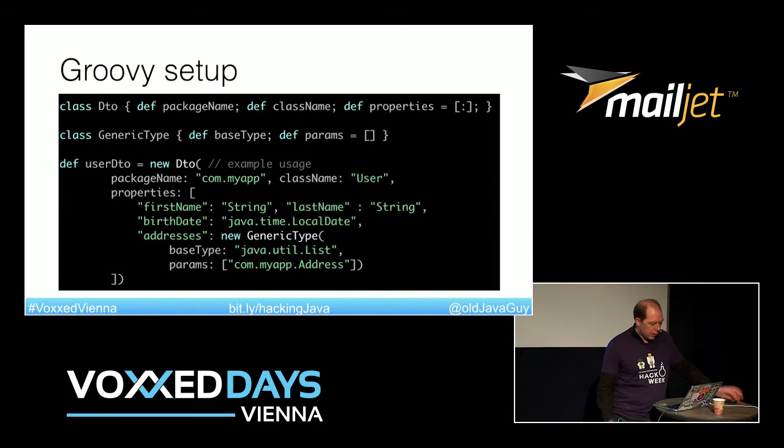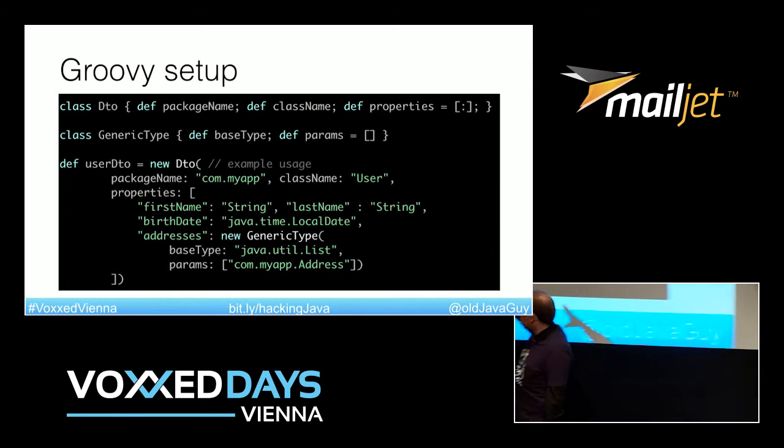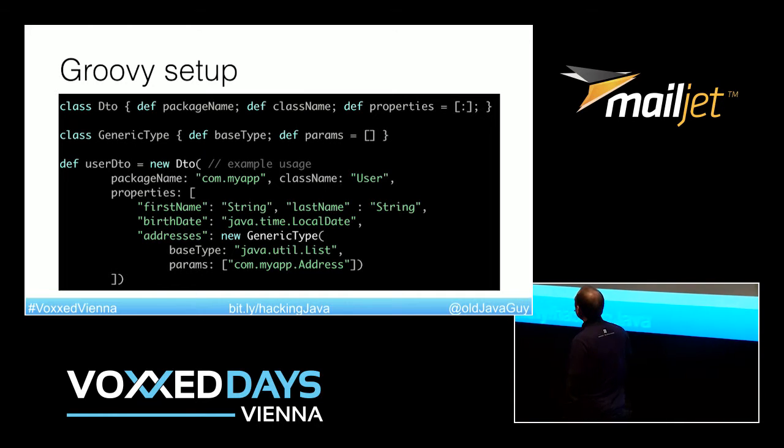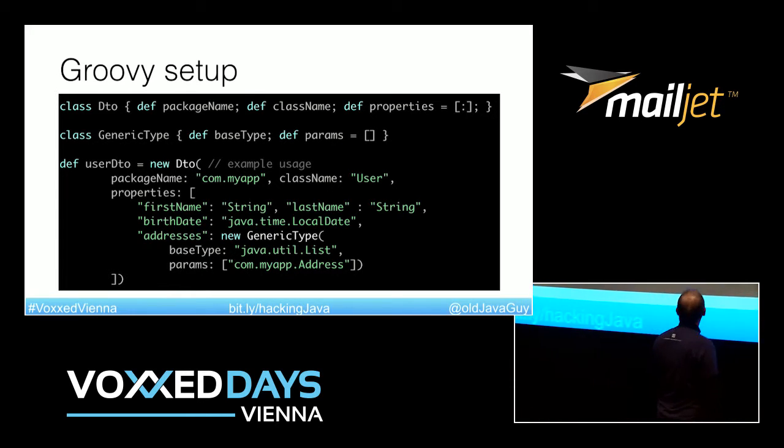If I was using this in a production project, I would have such a user DTO declaration for every value object I have. So it's basically a map, sometimes a map with several dimensions. If you have generics, I went for a low-tech way to implement generics.